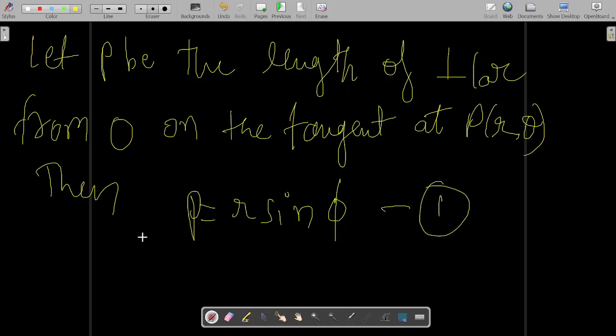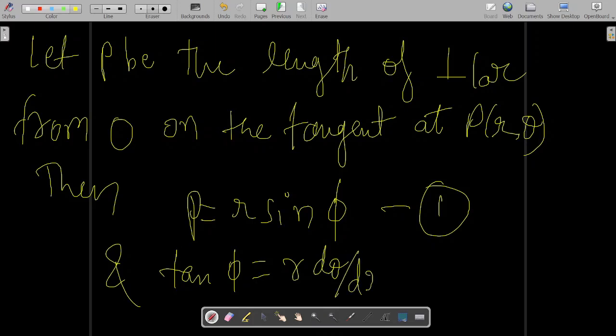And tan phi is what? Tan phi is equal to your r d theta by dr. Right? This is your equation number 2. And how is the triangle drawn? This is the triangle drawn.